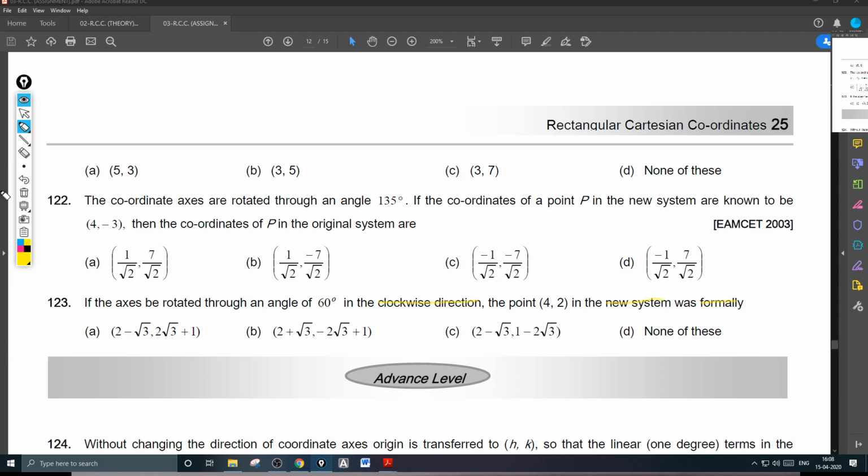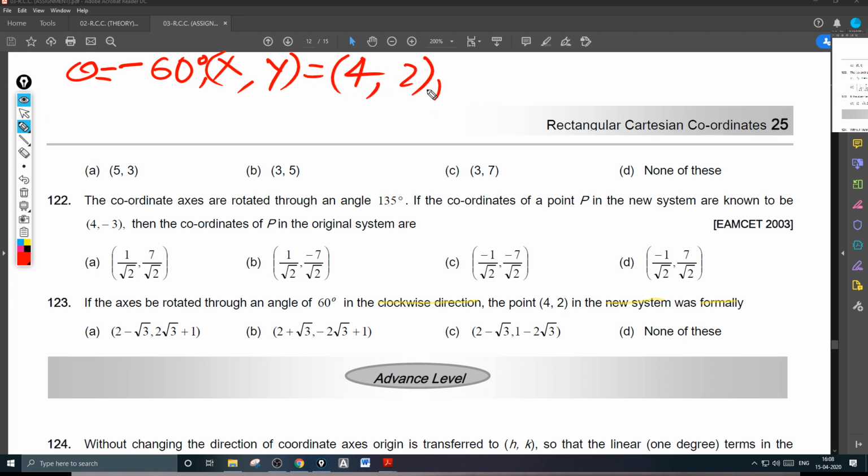According to the data given, your theta is in the clockwise direction, so your theta is minus 60 degrees. And your capital X, capital Y is (4, 2).